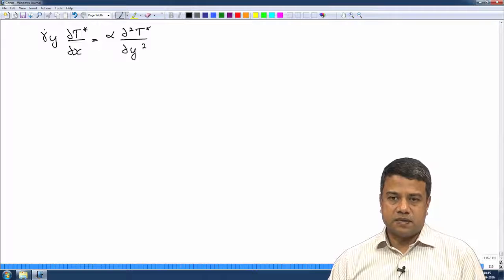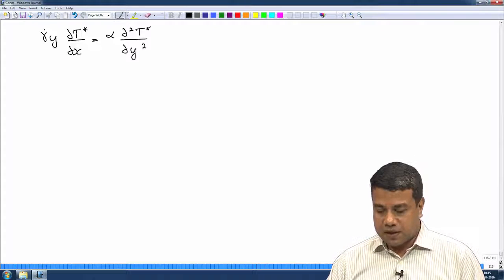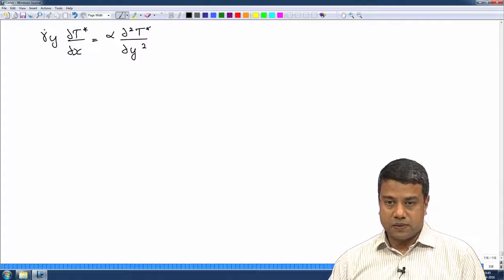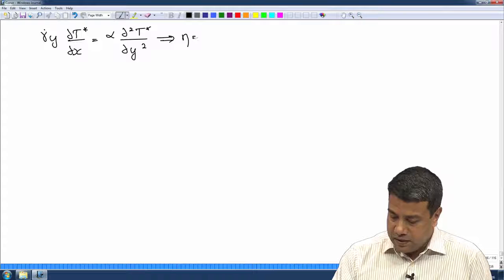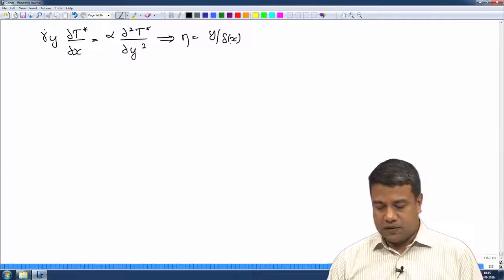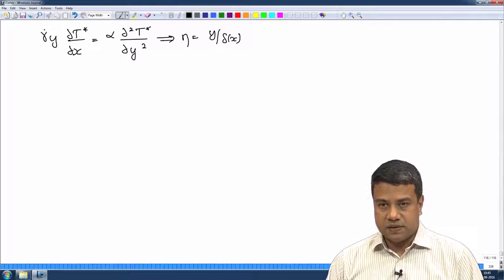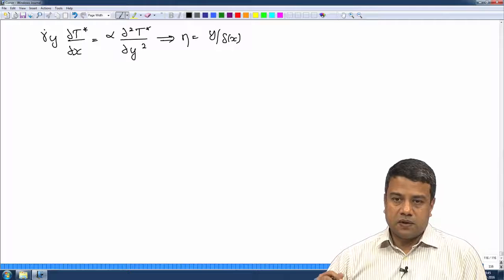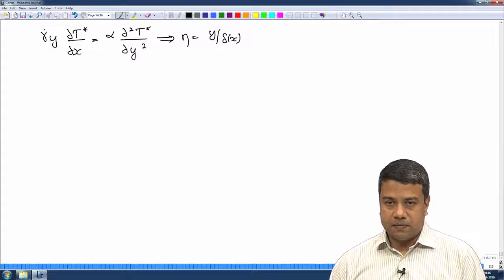I had made a balance between cross stream diffusion and streamwise convection. If the temperature at a location x depends only upon x itself, that means that I should be able to write a similarity variable as y divided by a thickness that depends only upon x. It could well depend upon gamma dot and alpha as well, but it depends only upon the streamwise distance. This will be my similarity variable.